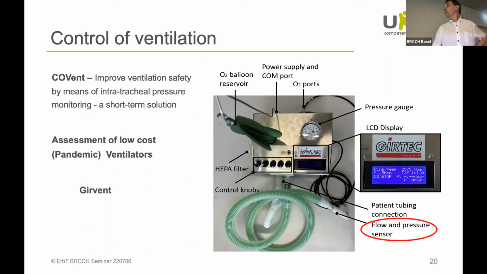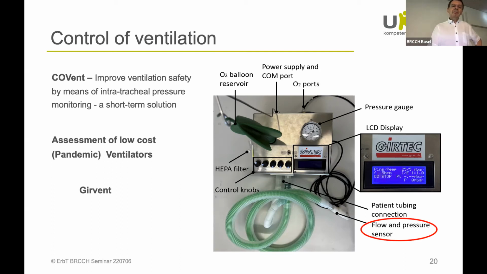You see it depicted here. It's a pressure-controlled ventilator that works with a turbine, and the control and measurements are done by a flow sensor and pressure sensor that's located at the end of the tubing system.